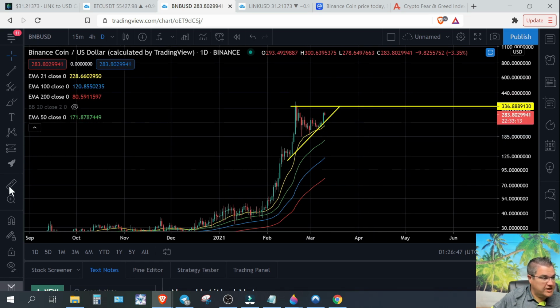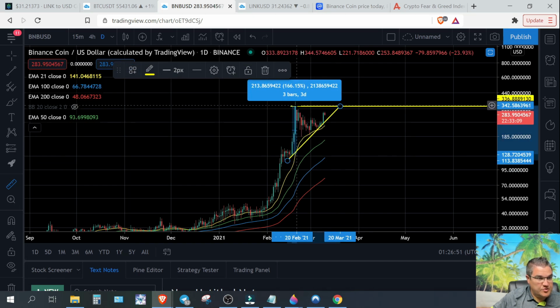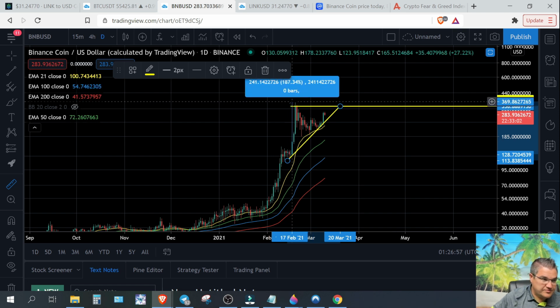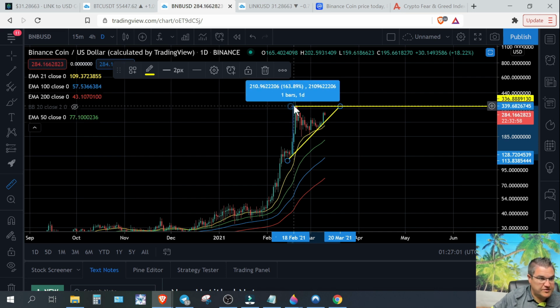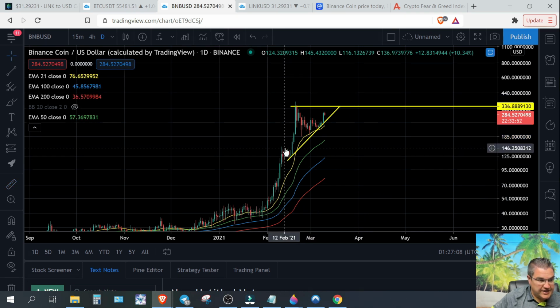So what would a similar move look like? This move from top to bottom of the candle closes 166%. Maxed out is 187, roughly. So let's just be conservative and do 160. 160% if this move were to repeat again. Kind of like this first move.